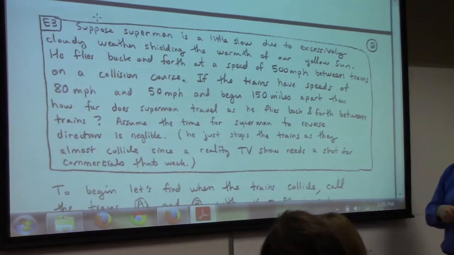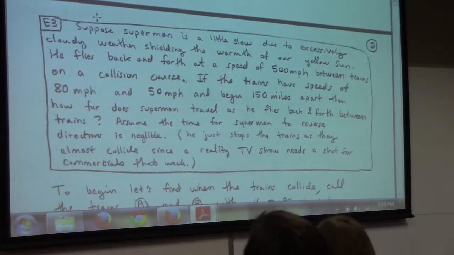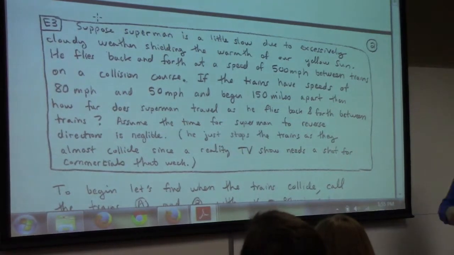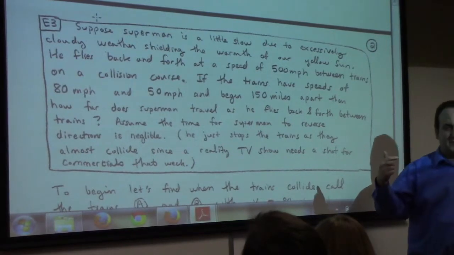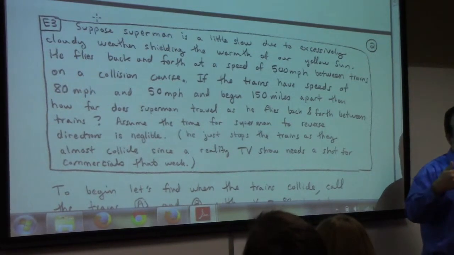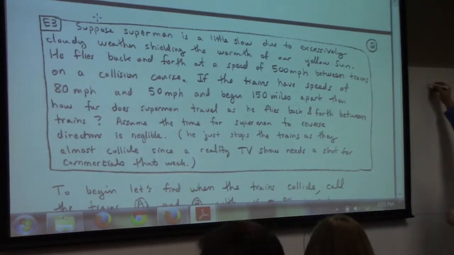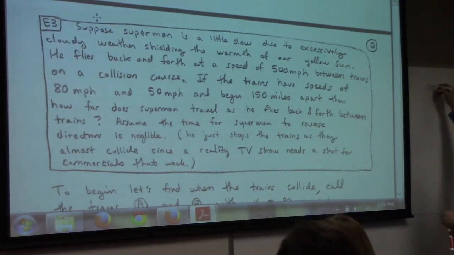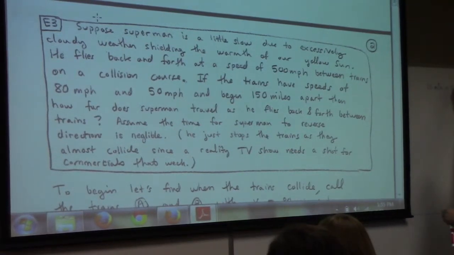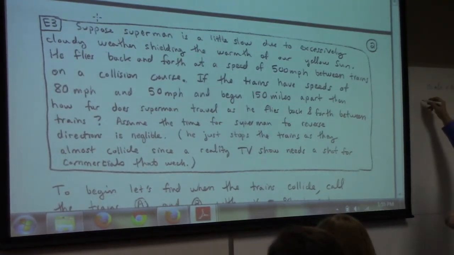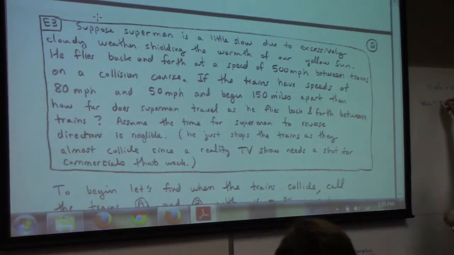Average similar speeds. Yeah, so if one's going 80 miles per hour one way and the other one's going 50 miles per hour the other way, effectively they're going 130 miles per hour towards each other, right? So I have 150 miles, that is the delta x, and the effective speed is 130 miles per hour.